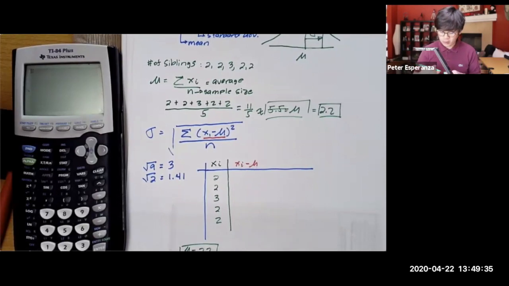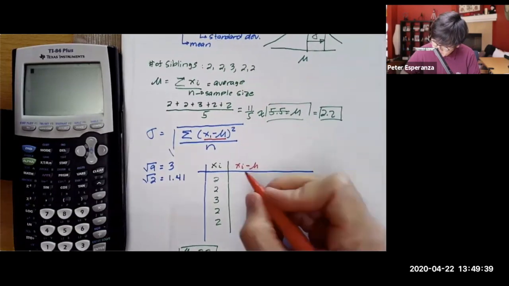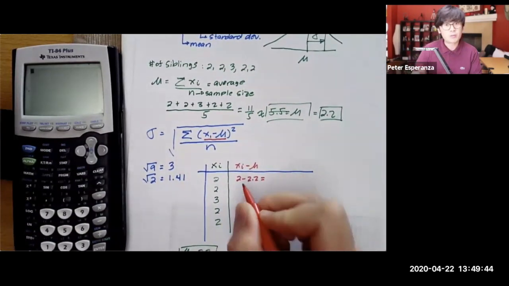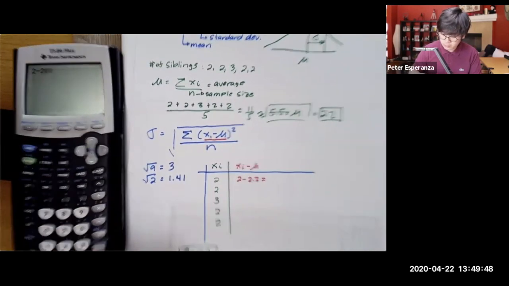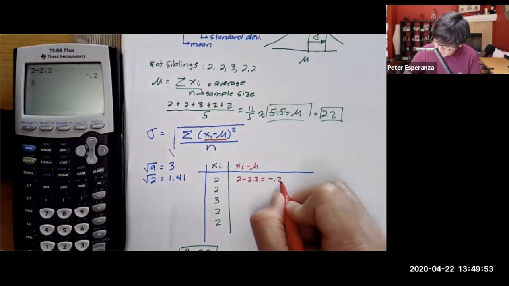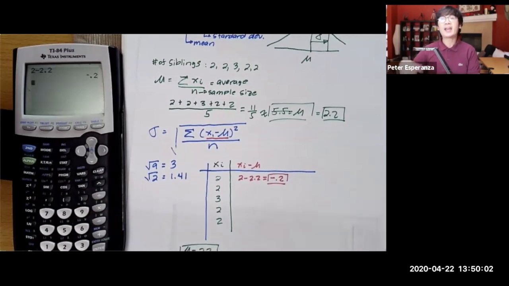So for your second column, we write 2 minus 2.2 equals, and then we'll use our calculator. 2 minus 2.2 equals negative 0.2. Did you get that? 2 minus 2.2 is negative 0.2. Then you're going to use the same formula for each one of these, all right?